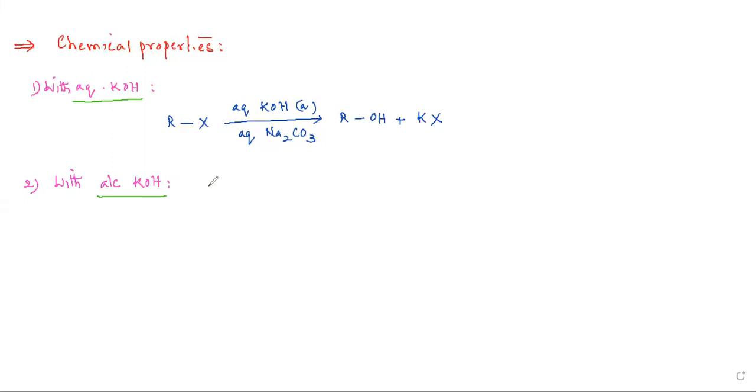We know that the alcoholic KOH is a dehydrohalogenating agent, right? Now with alcoholic KOH, we will have elimination reaction. Let me give you an example.